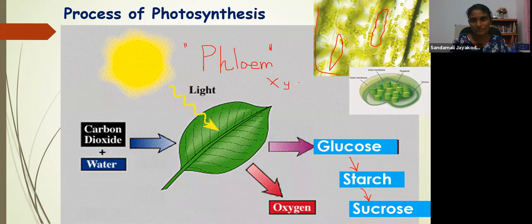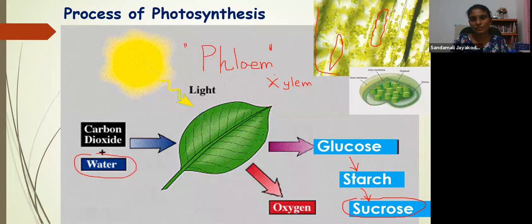Xylem is not mentioned here because that is just about absorbing water and it is about this part. But food, the sucrose, is transported along the phloem tissue.